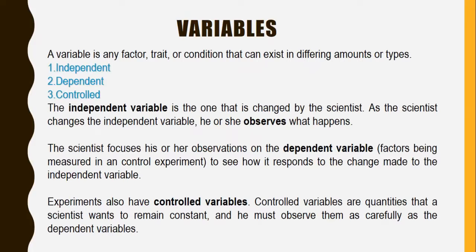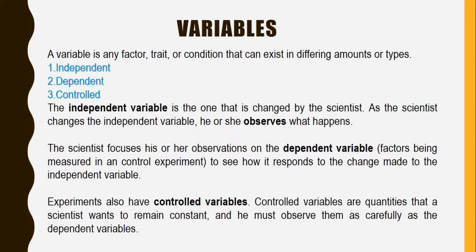As a scientist changes the independent variable, he or she observes what happens. The scientist focuses on observing the dependent variable. Those are the factors that are being measured. The things that we depend on.